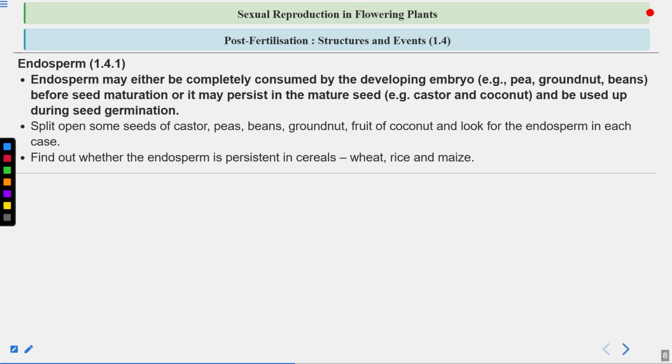These are the cereals, monocot plants. Does the endosperm persist in the cereals? You have to find that out.